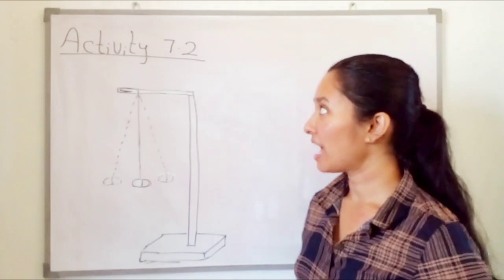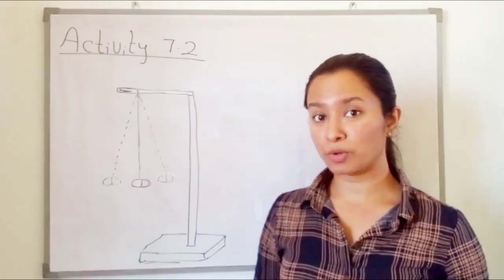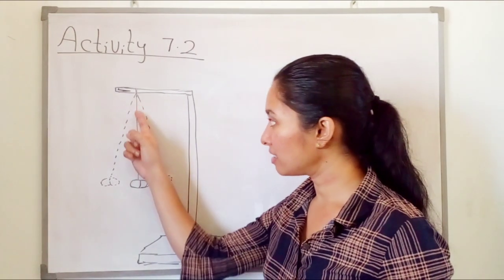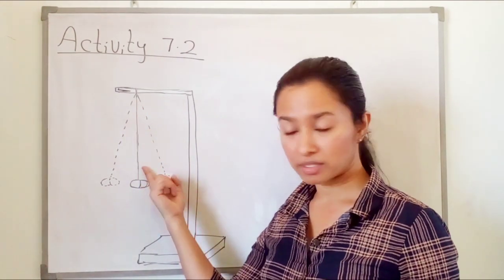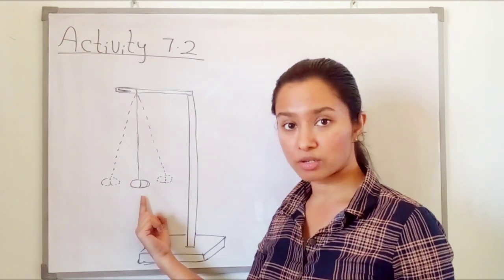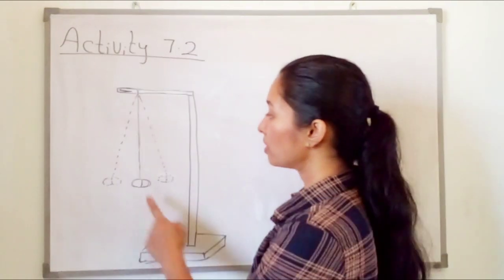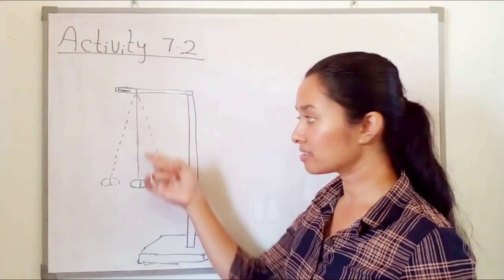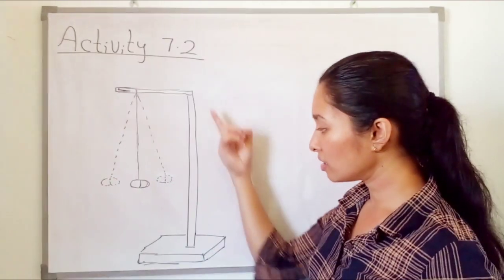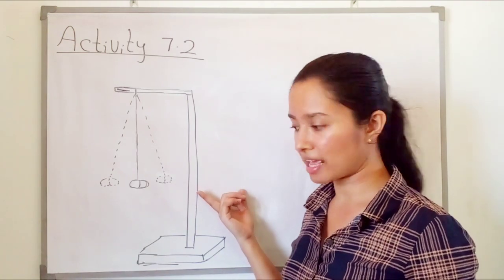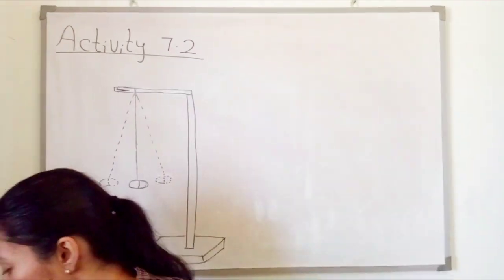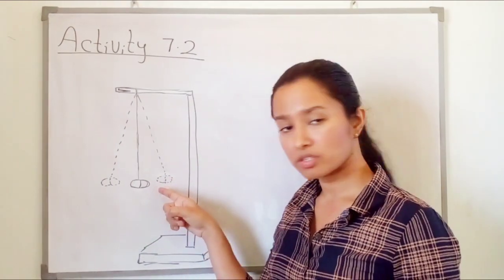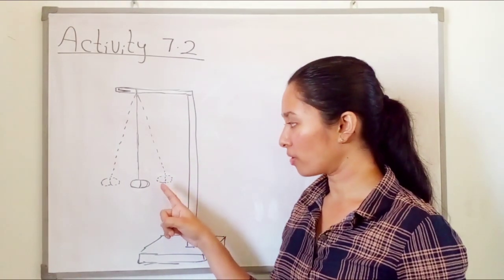Second activity. Activity 7.2. We need a laboratory stand and 1 meter length of thread and a stone. So we have to hang this stone by using the thread like this, and we have to tie this to the laboratory stand. Then we have to give a small push to this stone.